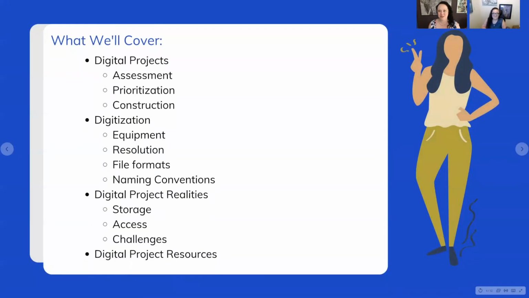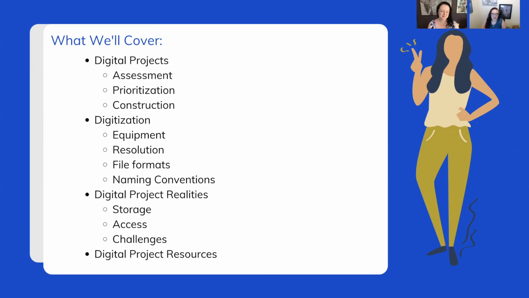Okay, what we're going to cover. We're going to kick this off talking about digital projects on a macro level, and I'm going to break it down for you in terms of how to do an assessment and determine where you even start in selecting a digital project, how to prioritize it, and then how to construct it. Then I'm going to hand it over to Andretta.